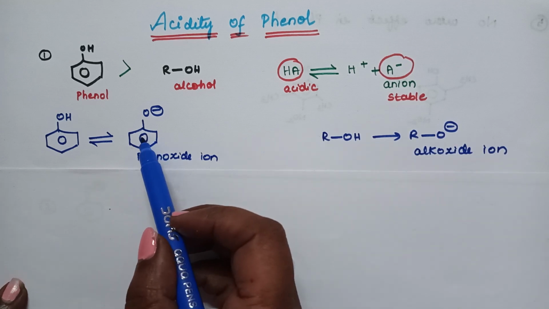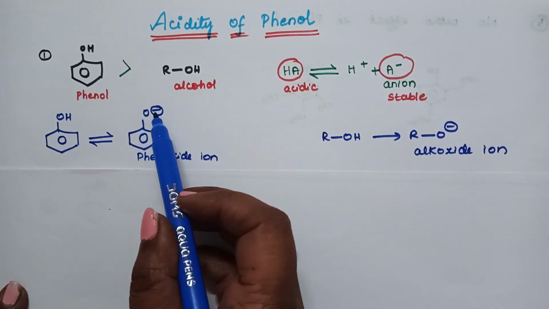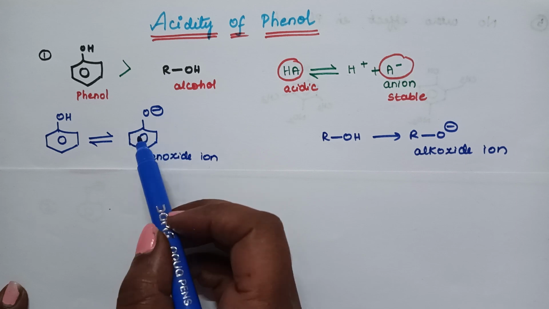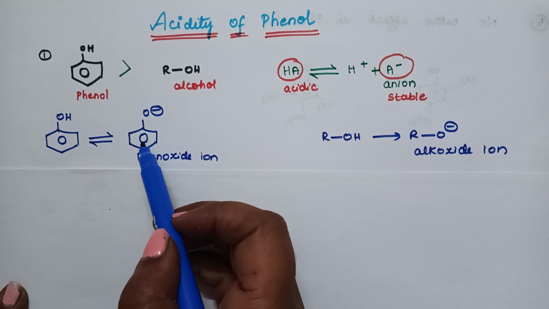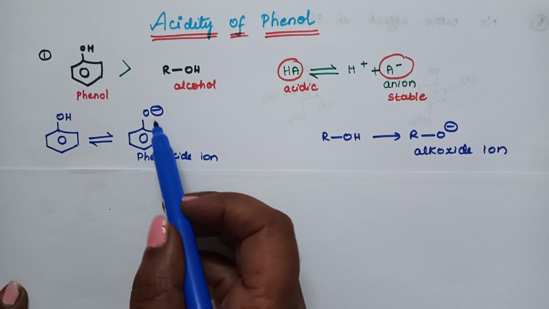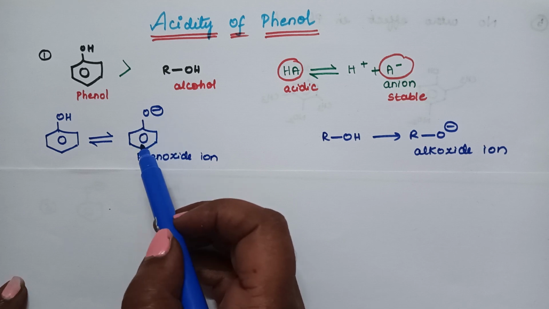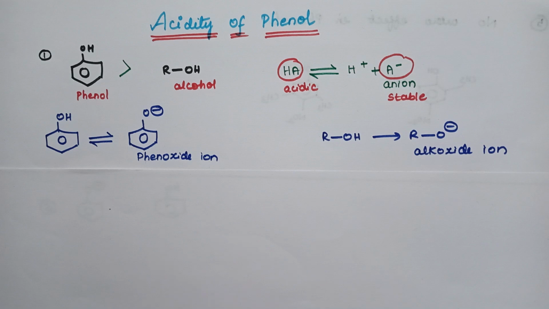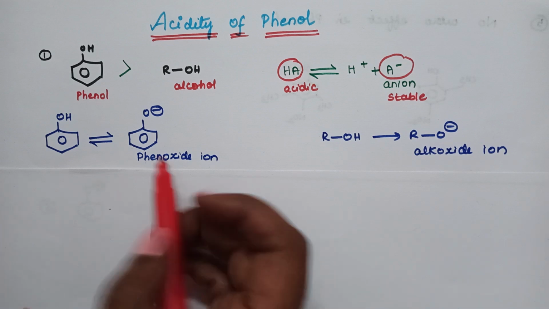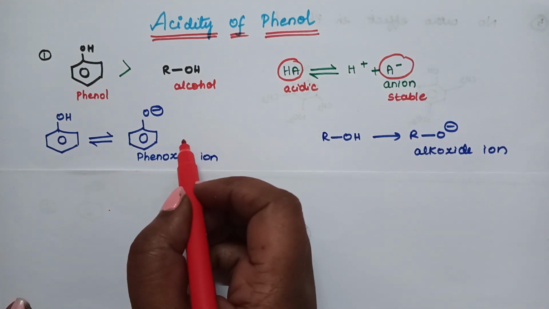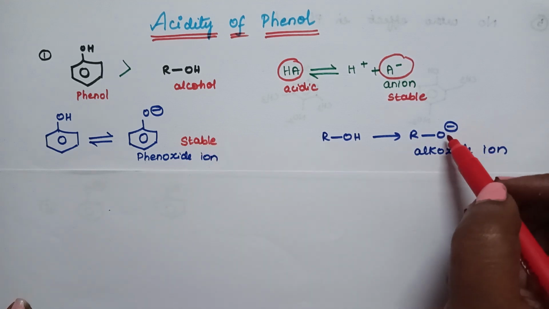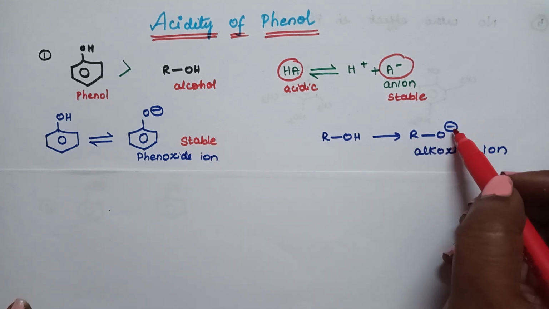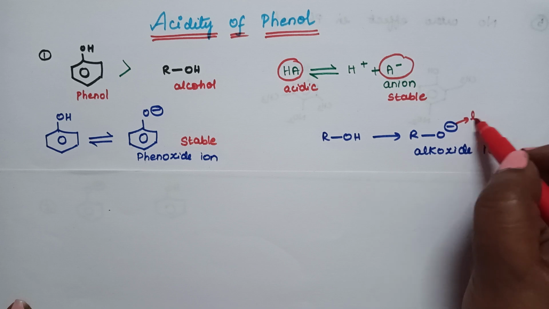So students, here you can see this oxygen O minus is connected to benzene ring. So here these electrons will be delocalized by resonance. So delocalization of electron takes place due to resonance, because of which phenoxide ion becomes more stable. Whereas here this RO minus, these electrons are localized.